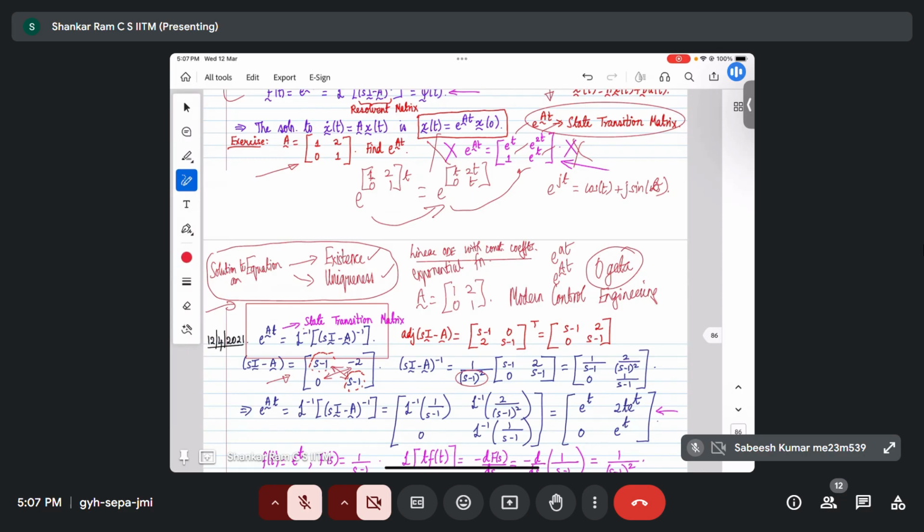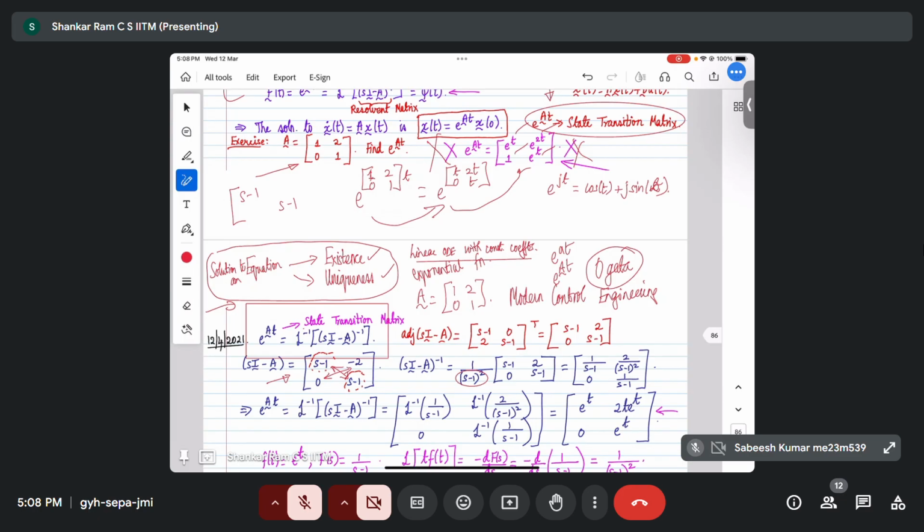How do we get the adjoint of a 2 by 2 matrix? We swap the diagonal terms, which still remain s minus 1 because this is a very special example.